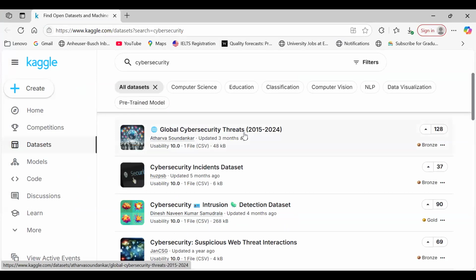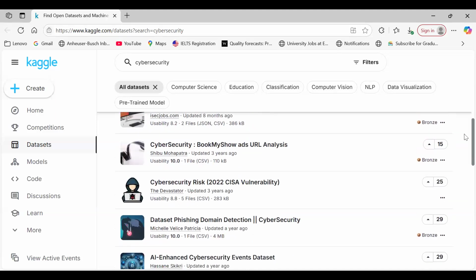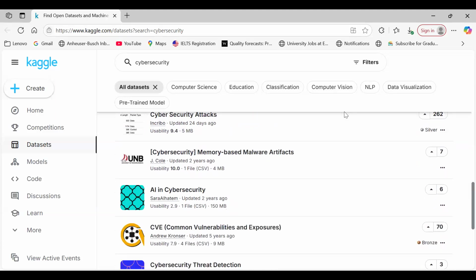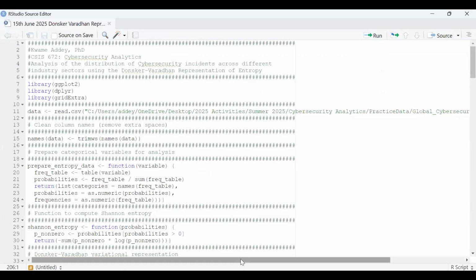Now, this data is from 2015 to 2024. So if you need this data for illustration, you can definitely come to the Kaggle website. And there are several other cybersecurity data sets here. So I go back to the code and explain it.